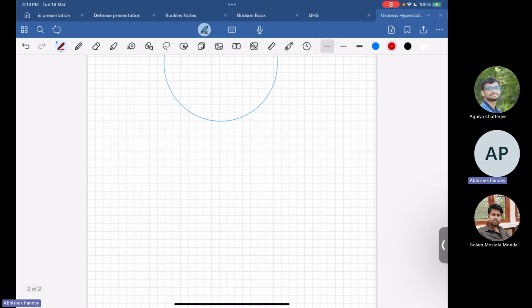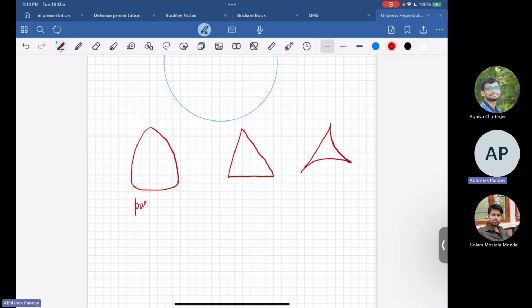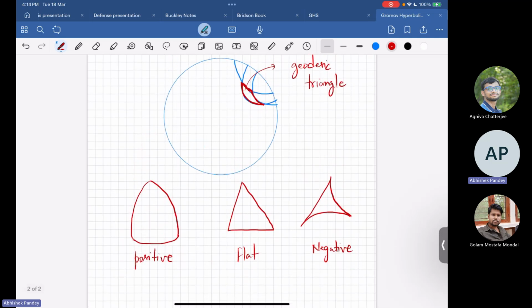Basically, if we see geodesic triangles in spaces with varying curvature, we will see a pattern something like this in positively curved spaces, and this is obviously flat, and in negatively curved spaces. So this is positive, flat, and this is negative. This kind of pattern emerges in the geodesic triangles.